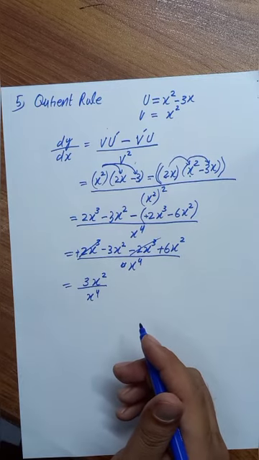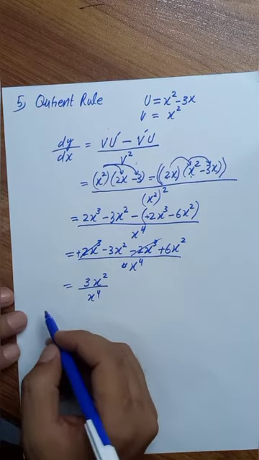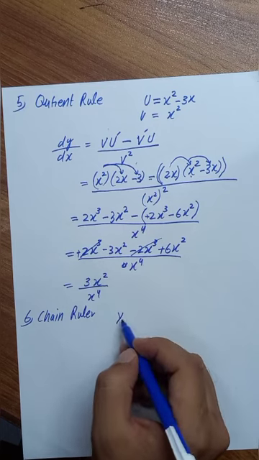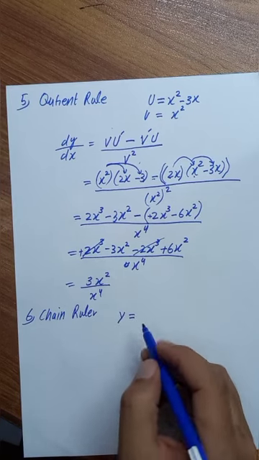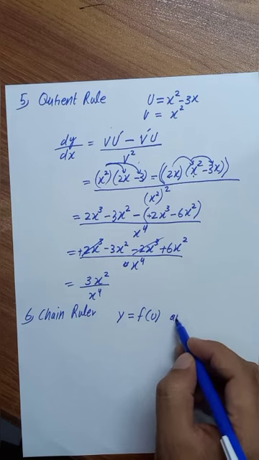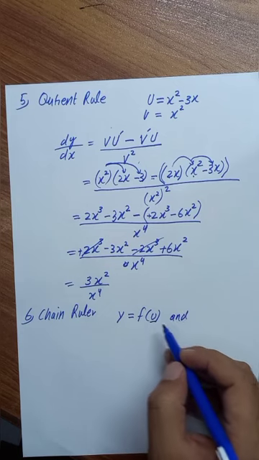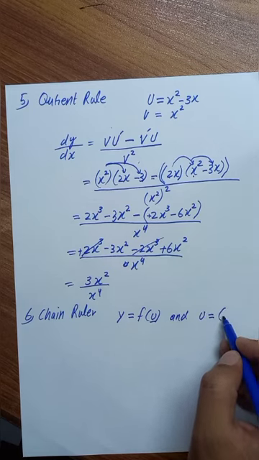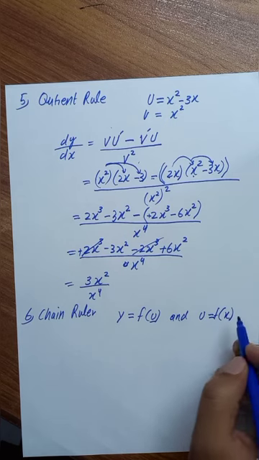And the last rule, which is the chain rule. In the chain rule, let's say we have a function inside another function. This is a function, and again the u is also a kind of function. So the value of the u function is a function of x.